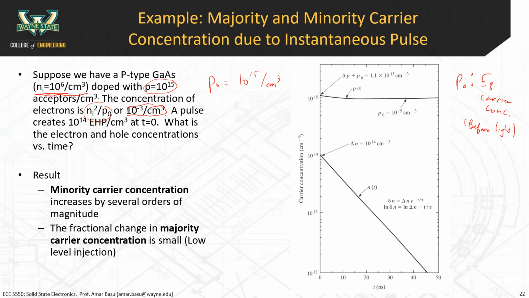So p0 is equal to 10 to the 15th per centimeter cubed, and our electron concentration, which we just figured out, is equal to 10 to the negative 3 per centimeter cubed. A pulse generates 10 to the 14th electron-hole pairs at time equals 0. So the process here is you figure out your delta n, which is equal to tau n times the generation rate.